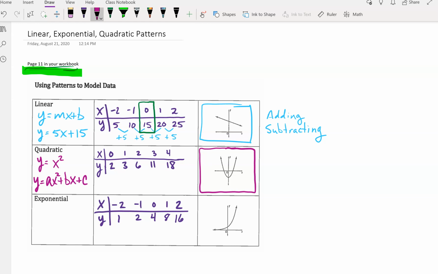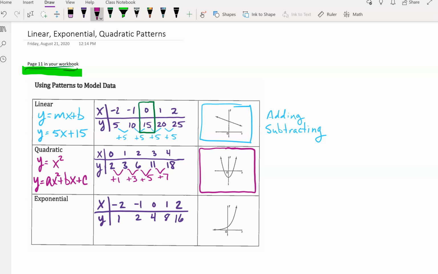And let's see if we can determine a pattern here. It looks like right here we could see we're adding 5 each time. Let's see what we're adding here each time. See if it's the same. Let's see, we're adding 1, we're adding 3. Uh-oh. It's not the same. We're adding 5. We're adding 7.